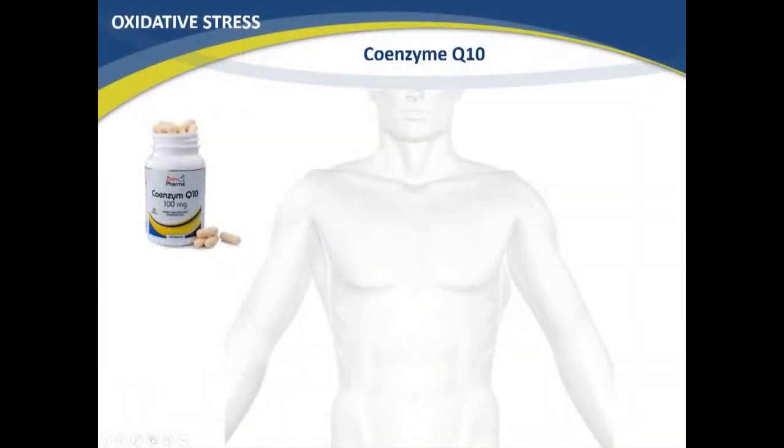Then the next factor for oxidative stress: you might have realized that beauty creams or beauty products often contain coenzyme Q10, because coenzyme Q10 in our body can be modified, activated, and then is a very good protection against free radicals, which I said are one integral part of aging, and it is meant to reduce aging. So some people take coenzyme Q10, which is very expensive, as a supplement in addition.